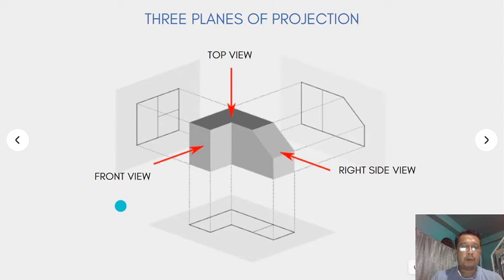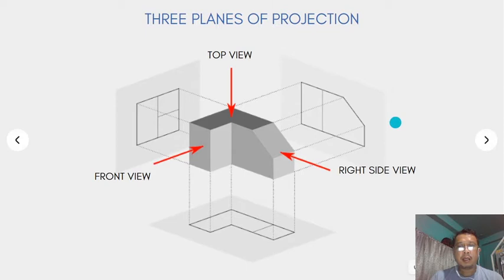If we are on the front view, this will be the POP of the object. POP means the point of projection. This is the actual view that we can see in the front view of the object.